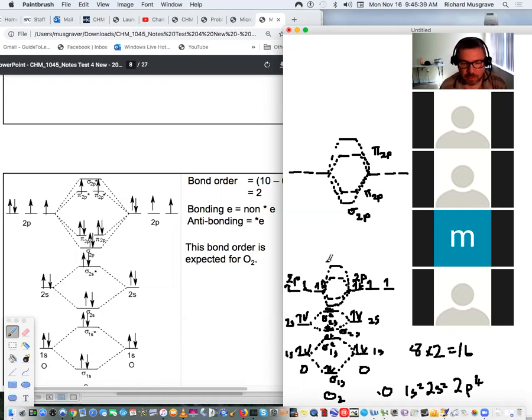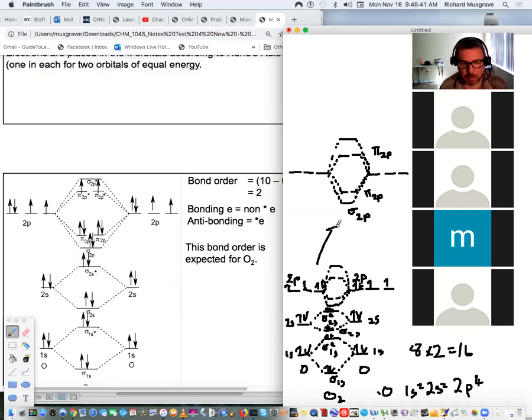Now, when we're filling the 2p, I'm going to show you up here because I have a bit more room. We've still got 8 electrons to put in. So we do 1, 2, 3, 4, 5, 6, 7, 8. So we always obey Hund's rule here.